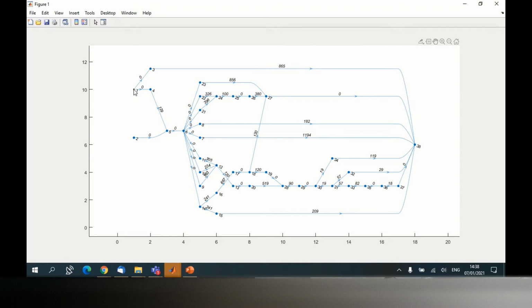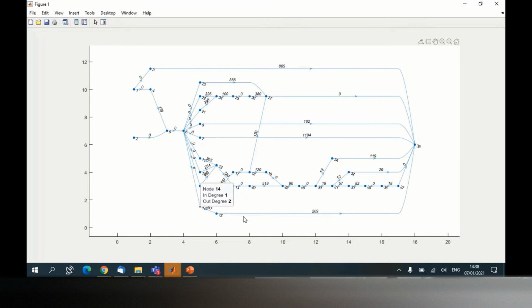So the nodes here are the IDs of your activities. For example, this is activity number 1, and this is activity number 3. This is activity number 38, which is the end activity. And the numbers on the links are the durations of the activity. For example, activity number 14 is connected to activity number 15, and the duration of activity number 14 is 241 days.